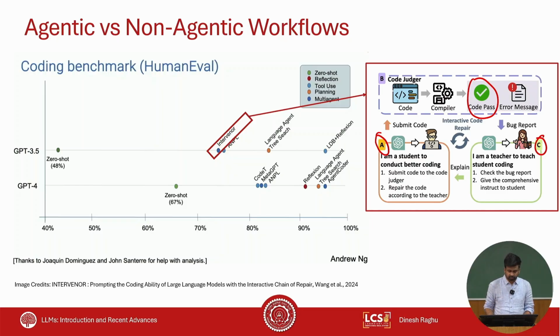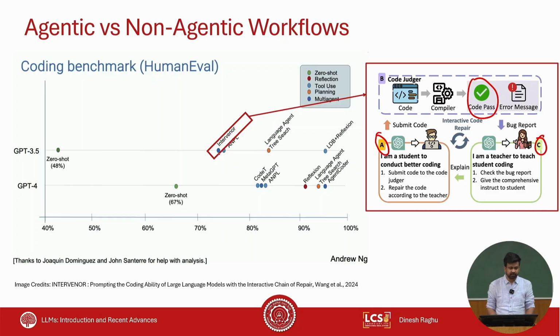So as you see, it took about one iteration of GPT to increase the accuracy from 48 to 67%, right? About a 20% jump. But rather than doing it in a single shot, if you just let the model iteratively design the solution, then you can already achieve somewhere north of 70%, right?